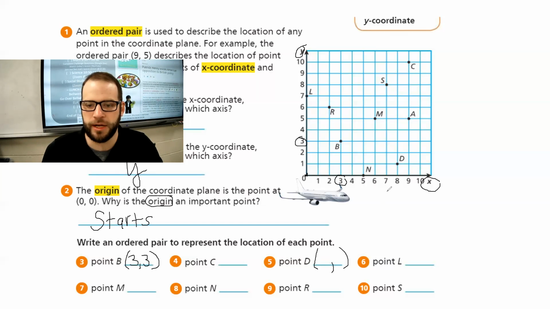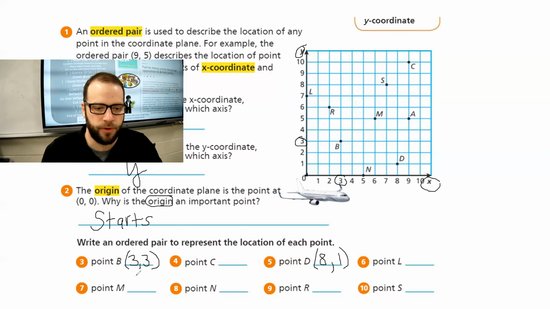If you did it correctly, you said 8 over, 1 up. So point D is 8, 1. Let's try 7. 7 is M. If you did M correctly, you said M is 6 over, 5 up.